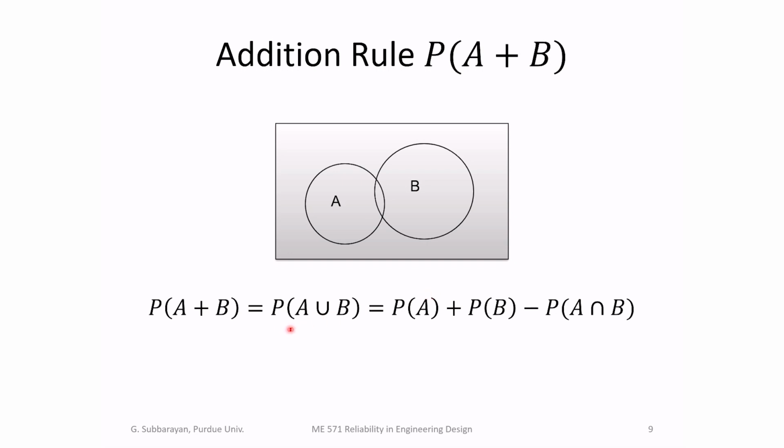So probability of A or B, A union B, is probability of A plus probability of B minus the intersection region, because that would have been counted twice. So you would have to subtract the intersection region in order to get the probability of A or B, which represents the area inside this region here.